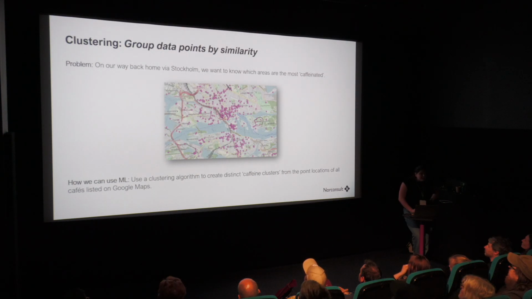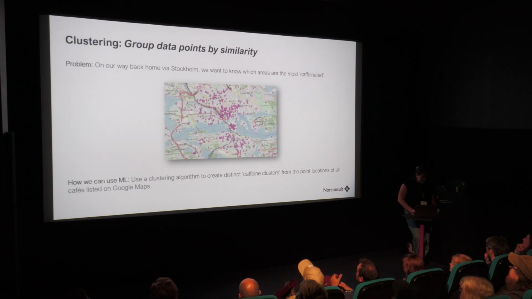Then lastly, I'm going to talk about clustering. So clustering is a machine learning technique that groups data points based on similarity. And so in this approach, you don't need any labels, and the model just finds patterns within the data.